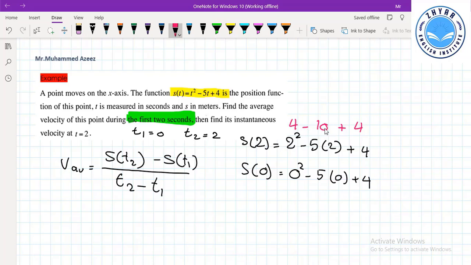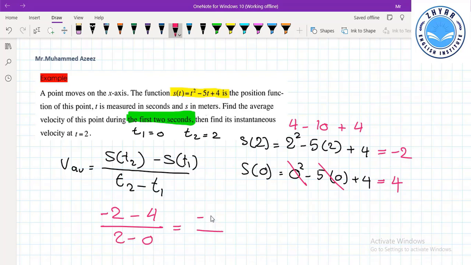So 4 minus 10 is negative 6 plus 4, that is negative 2. And here this will be 0, that is 4. Now s of t2 minus s of t1, s of t2 is negative 2 minus s of t1 is 4 over t2 minus t1, 2 minus 0.